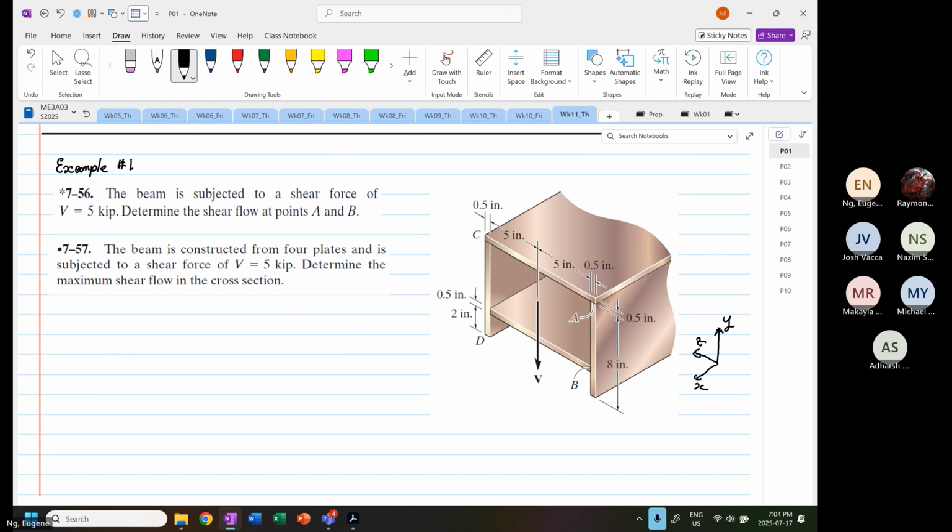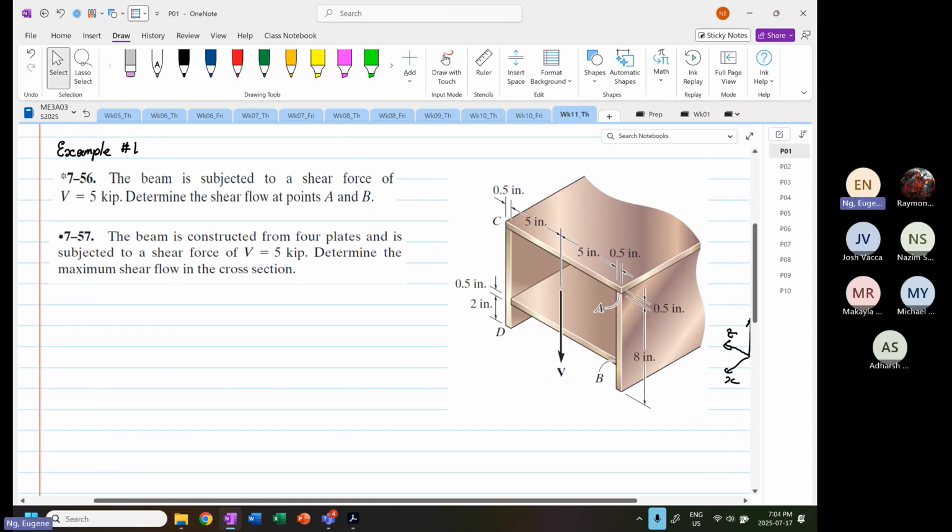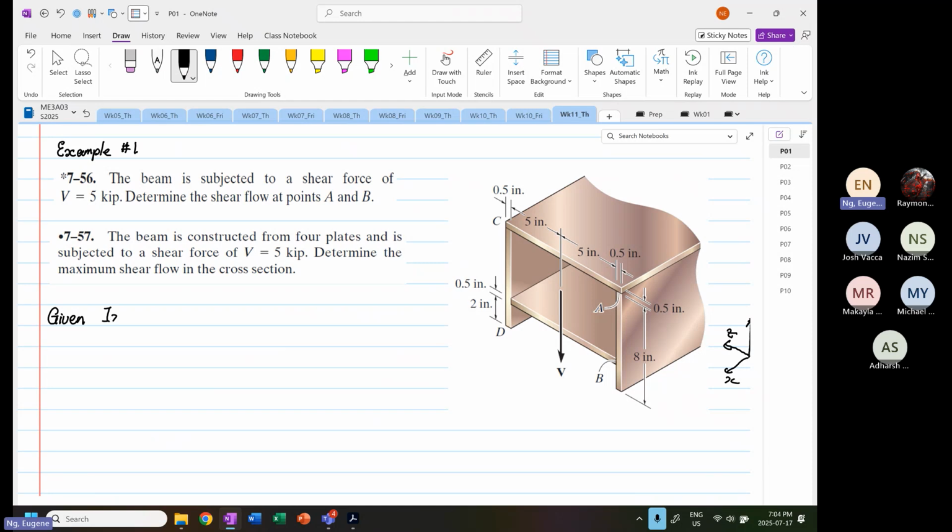Given Izz is equal to 145.98, and given that the geometric centroid y bar is equal to 3.709 inches.